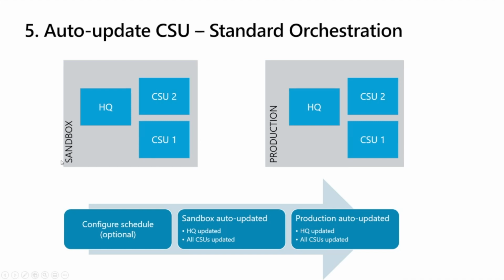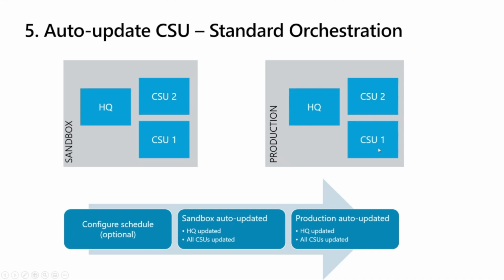Once you're good with this, after 5 days, your production environment update kicks in. For your production environment, we're going to update your HQ environment first, and then we're going to, in parallel, update all of the CSUs in your production environment. That's going to be the flow. In Sandbox, only one CSU will be auto-updated.